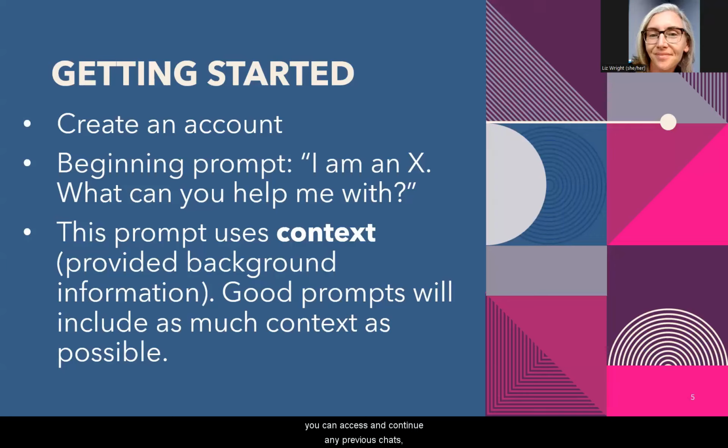One thing to note here, in your prompt, you used context. You provided background information for your large language model to generate applicable outputs. Good prompts will include as much context as possible so that you can get useful outputs.